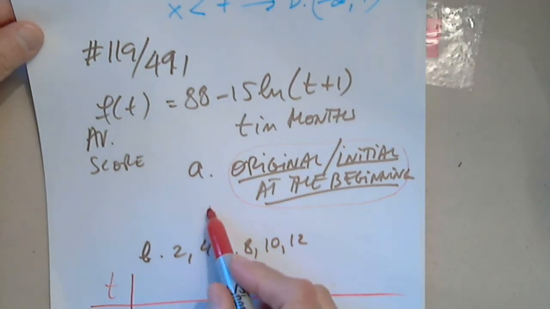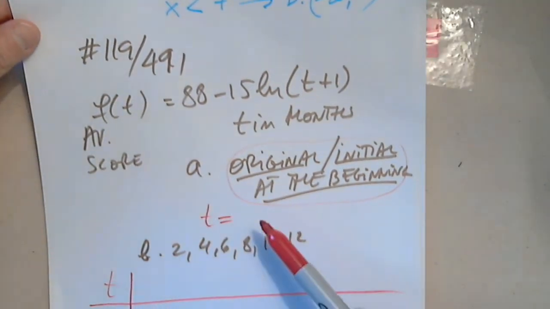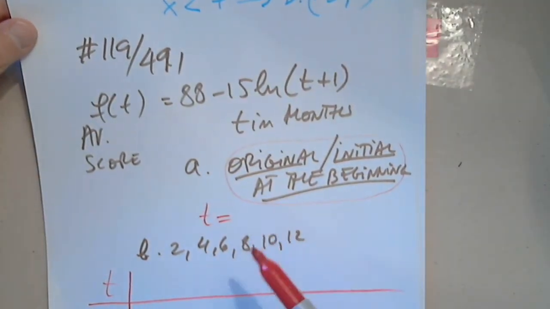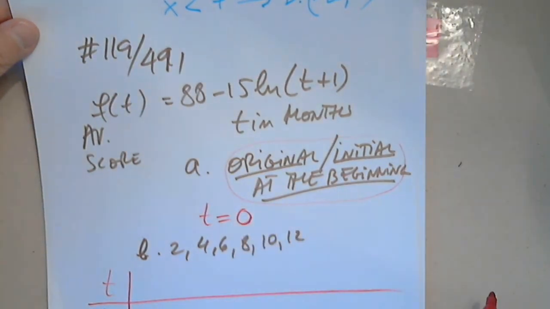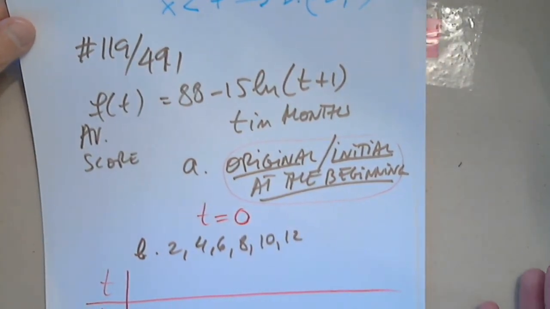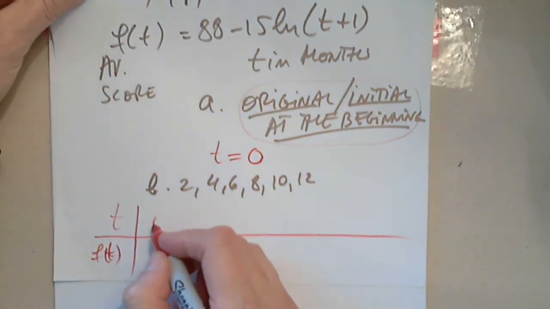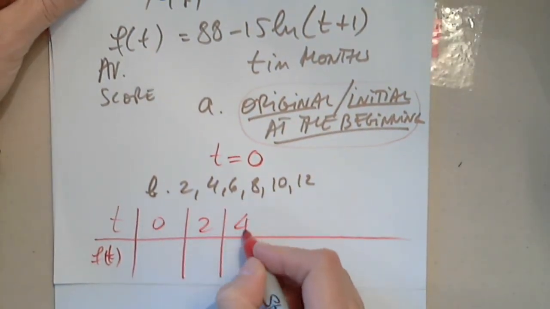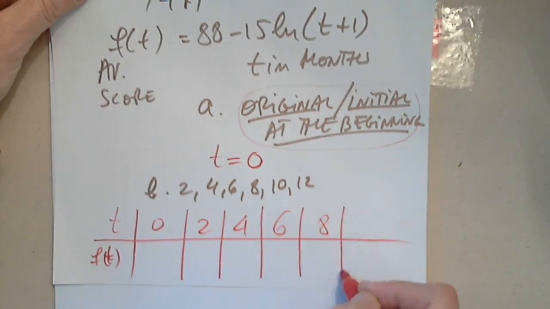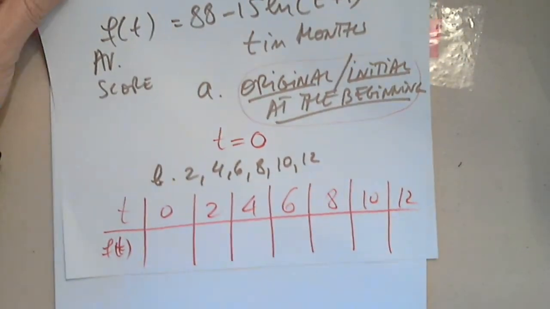The score of the test the first time they took it? Yes. When the time was? 0. Exactly. 0 months after they finished the course. And then 2 months, 4 months, and so on. So 0, 2, 4, 6, 8, 10, and 12.